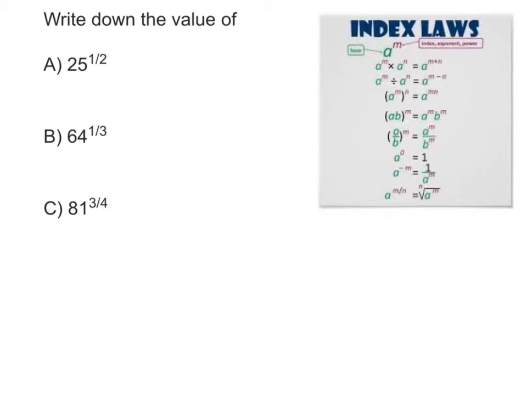And the final law this one practices is this final one at the bottom. When we have to the power of a fraction, we have this set up here, where the denominator goes here and the numerator goes here. So here's an example. 25 to the power of a half will be equal to, well, 25 goes there, numerator goes to power, and then the denominator of the fraction goes here.